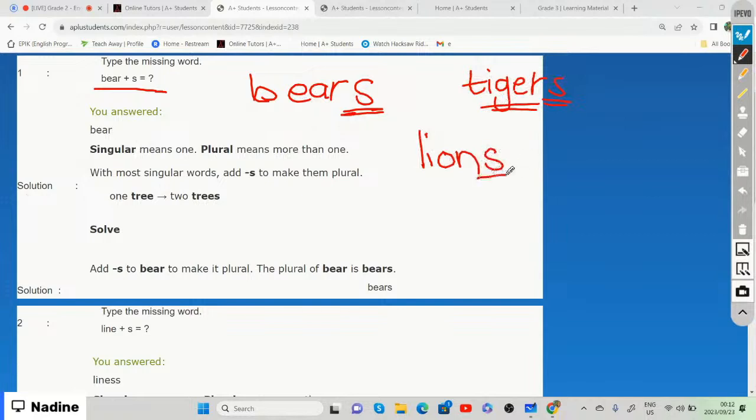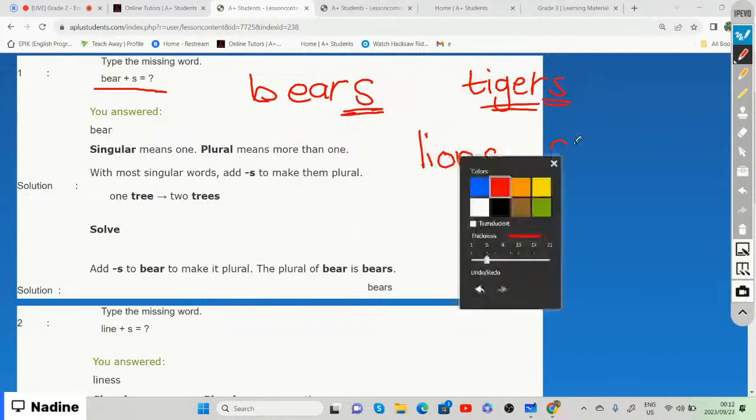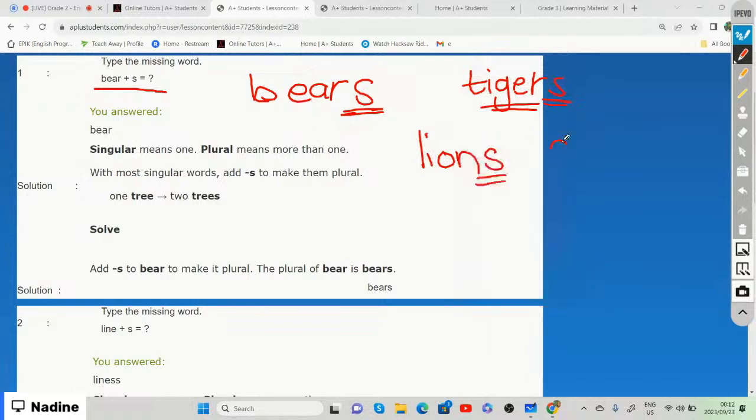It now changes that word into a plural form, meaning there is more than one lion. Lions. And we made an example of dog, one dog, more than one dog. So it's dogs. Plural form, dogs.